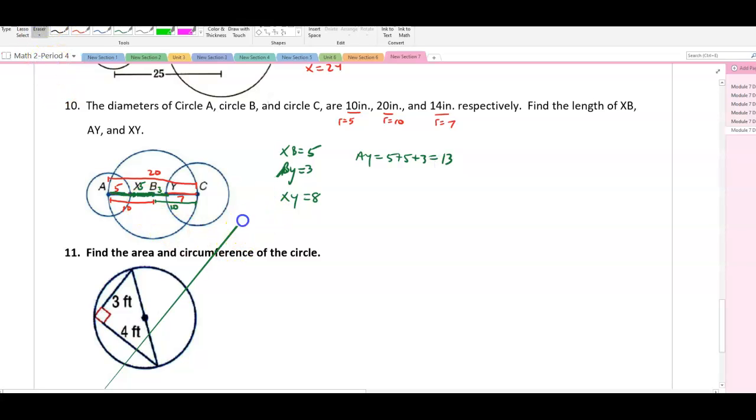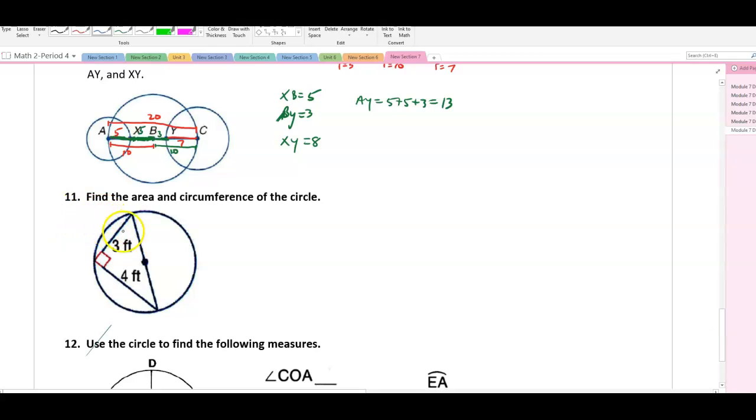So, that's that. Okay? And then, number 11. Here, you have a right triangle. So that's 3, that's 4. You know right away, if you remember your Pythagorean theorem or triples, that's going to be 5. So all I did was use the Pythagorean theorem to get that this is 5. So now to find the area, if the diameter is 5, I know the radius is 2.5.